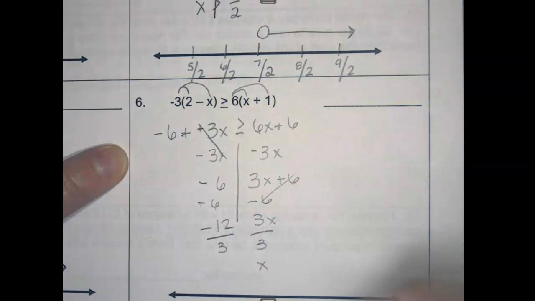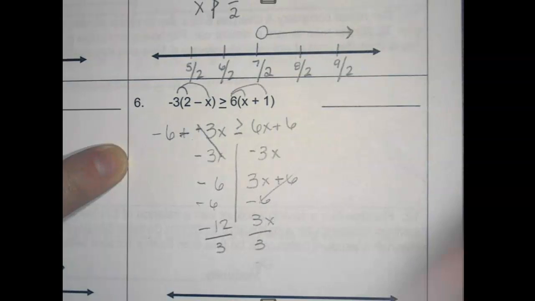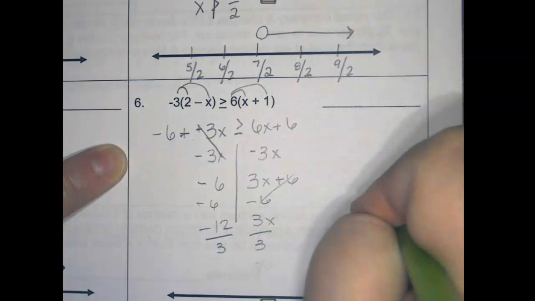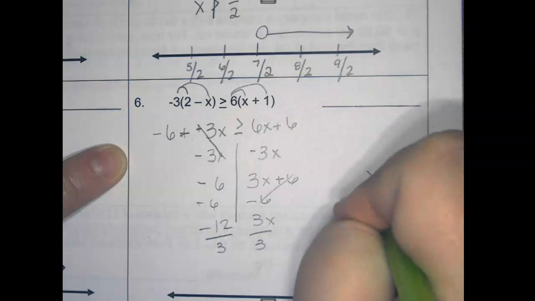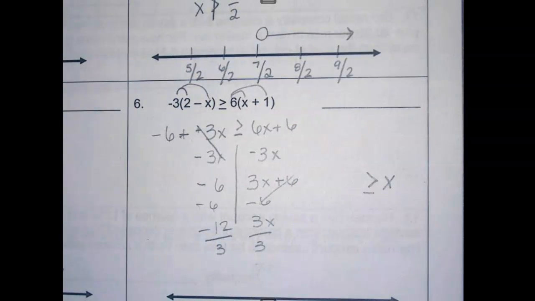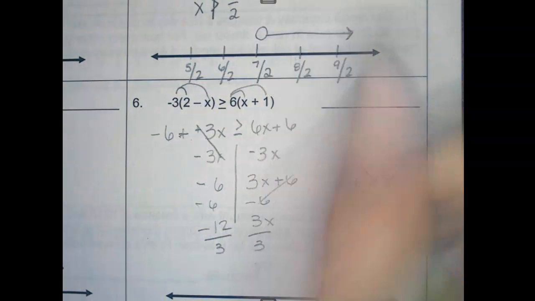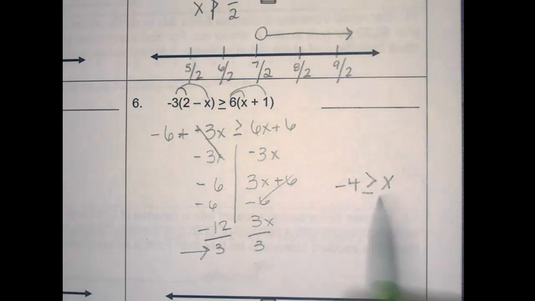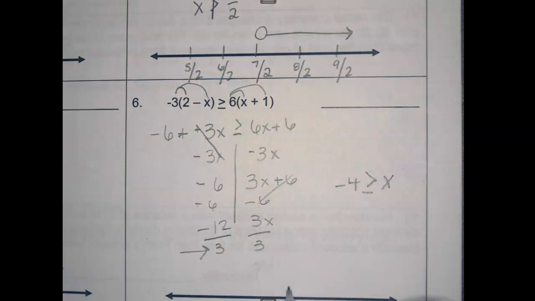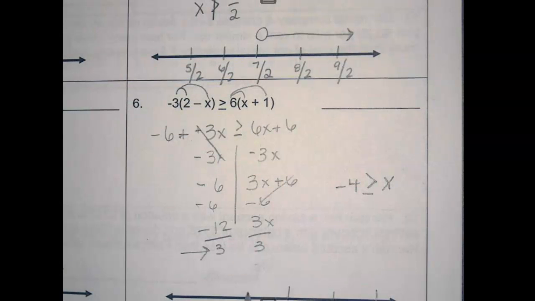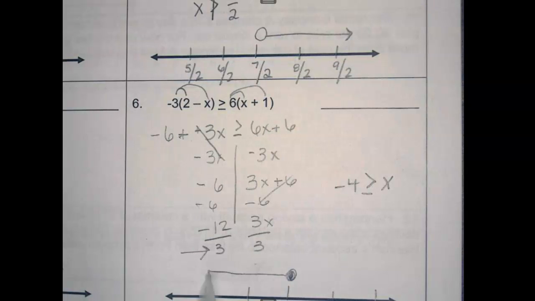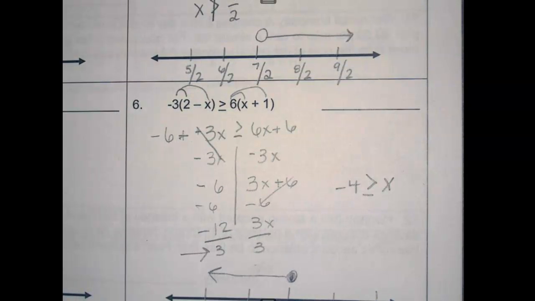I divided by a positive. I'm going to write it out to the side so I have room for my graphing, which is -4. I divided by a positive, so my sign stayed the same. Closed circle on my -4. X is less than, so my arrow is going this direction.